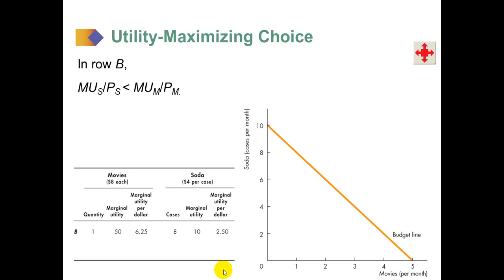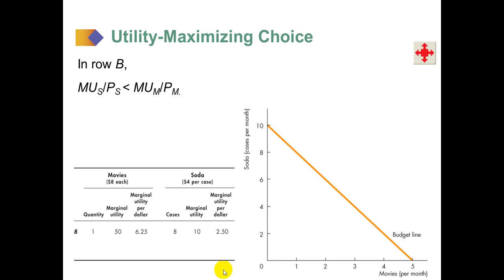So calling the marginal utility of soda MUS, an abbreviation of soda, and the price of soda PS, then the marginal utility per dollar from soda is MUS divided by PS. By comparing MUM divided by PM and MUS divided by PS, we can determine whether Lisa has allocated her budget in the way that maximizes her total utility.